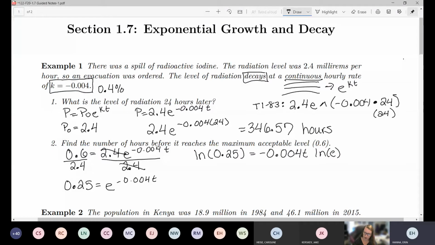Take the natural log, you can pull the power out. Natural log of e is 1. Since it's multiplication, I can forget about it because anything times 1 is itself. So to solve for t, we just have to divide by that negative 0.004.